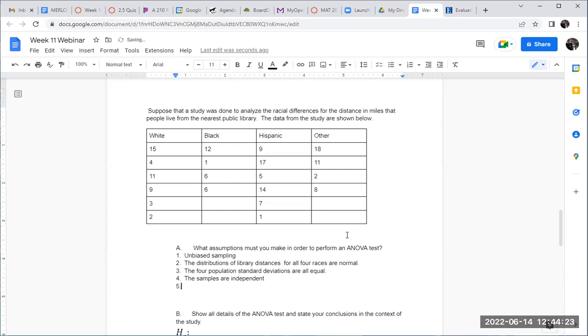The samples need to be collected consistently. The sampling must be consistent for all 4 races. Okay, so that means that when we did the survey, we didn't talk to Hispanic people differently than we talked to Black people.